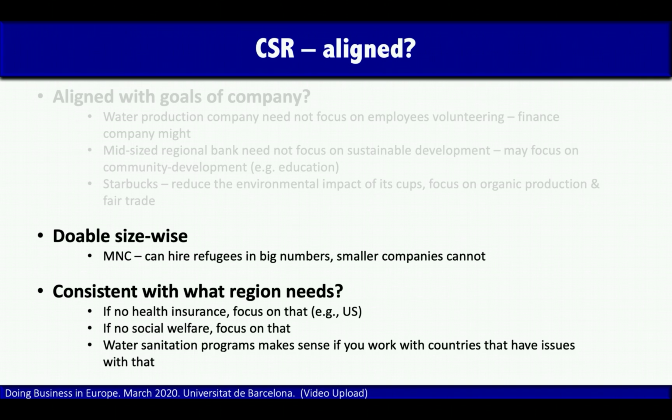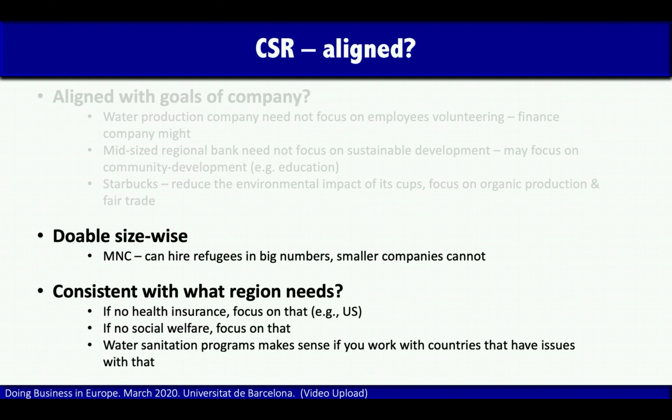And then if you think regionally, it makes sense that the firm engages in areas that the region has a deficit on, right? So if you're working in the US, you may think that it's a very good idea, especially nowadays, to help with health insurance or similar programs for the workers.